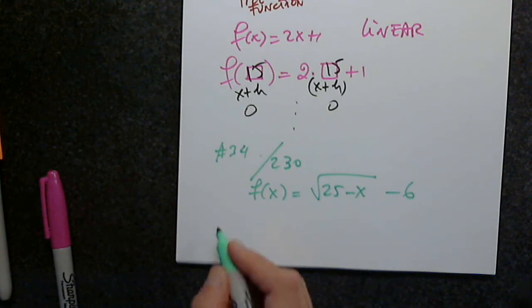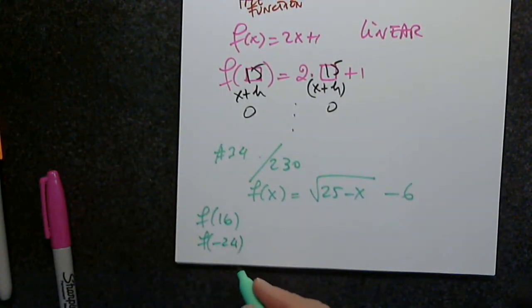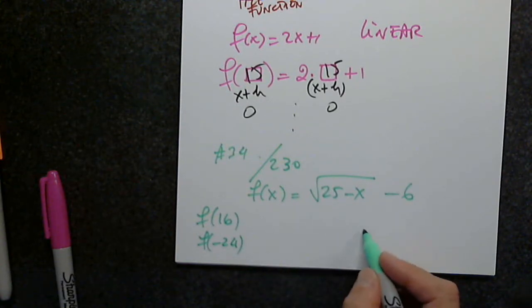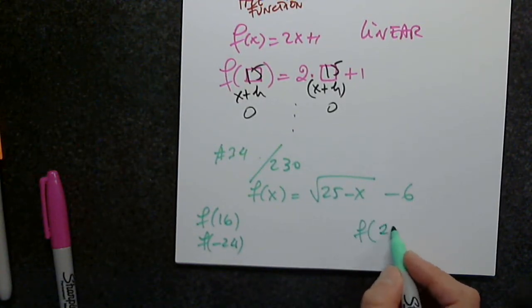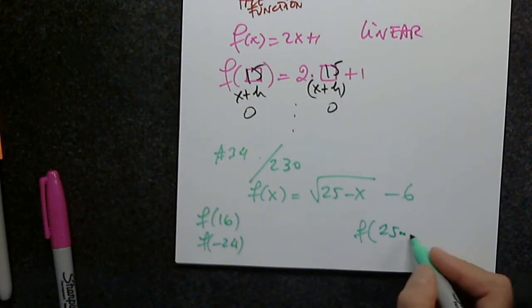And they're asking us to evaluate it at 16, at negative 24, and at 25 minus 2p.